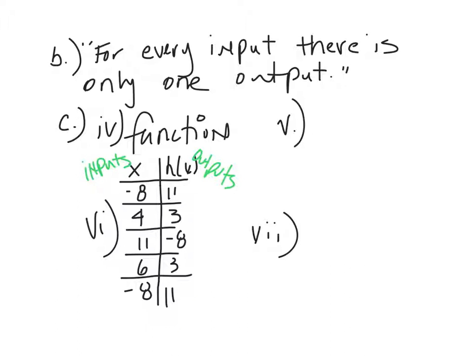As I look at each one of these, -8, 11, 4, 3, 11, -8, 6, 3, -8, 11, I do have a repeat. I have -8 repeats, but in both instances, my output is the same as it was for the first. So, if all my outputs are unique to the inputs, what does that make that? I think you know.